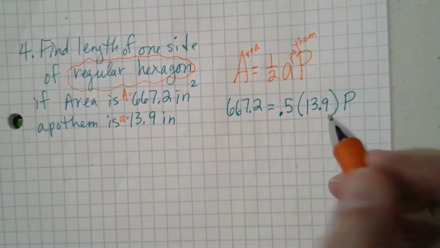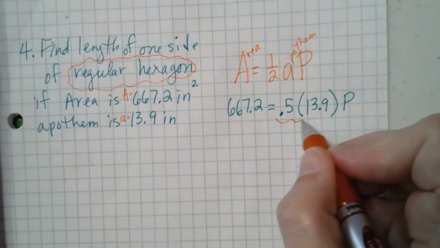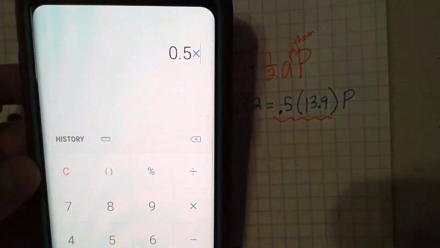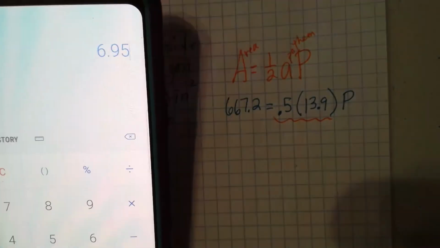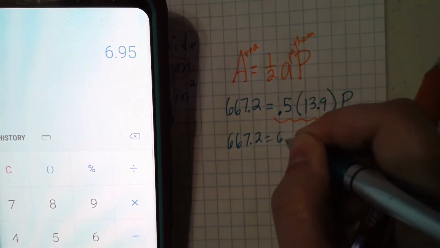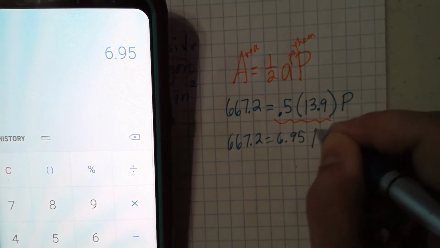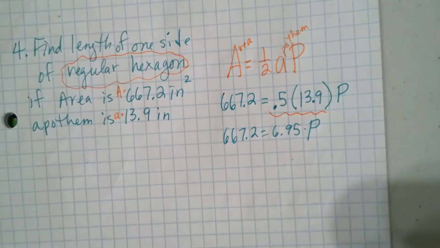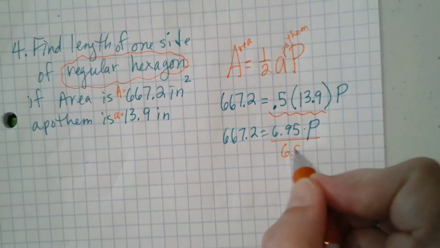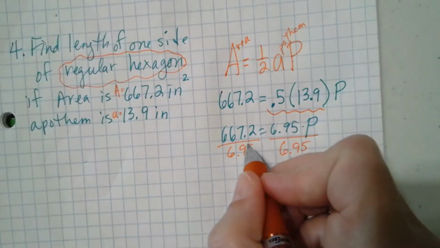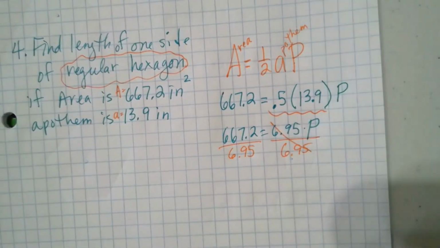To do that, we are going to multiply these together. 0.5 times 13.9, and we will get 6.95 times the perimeter. So if I want to get the perimeter by itself, we're going to divide 667.2 by 6.95, and that will make those go away.